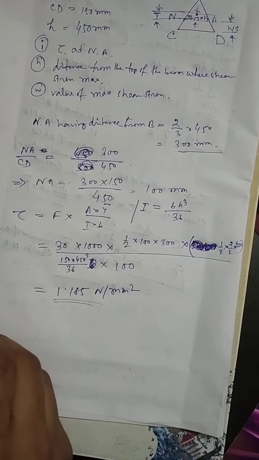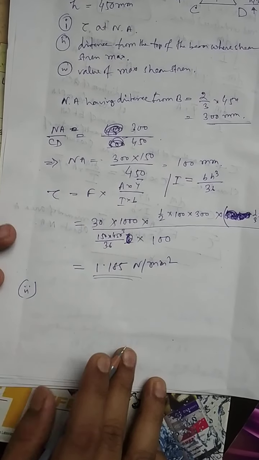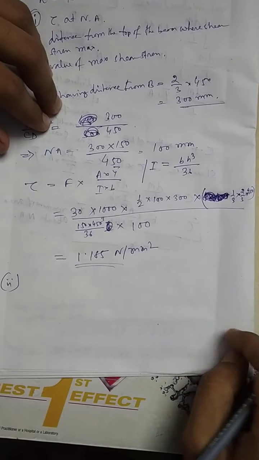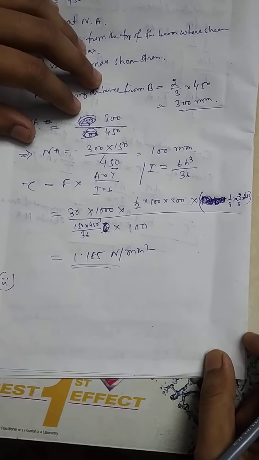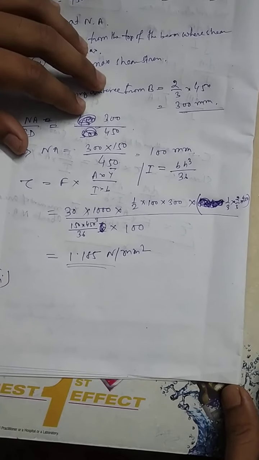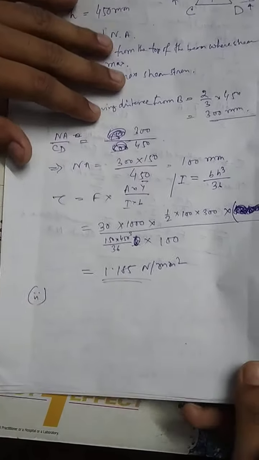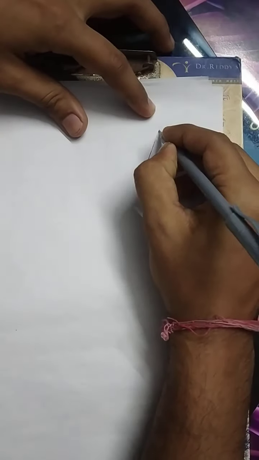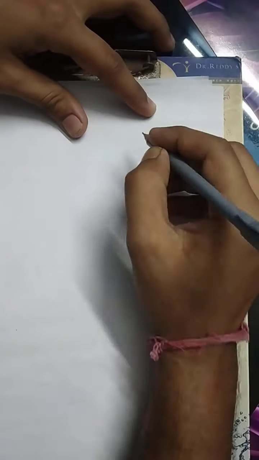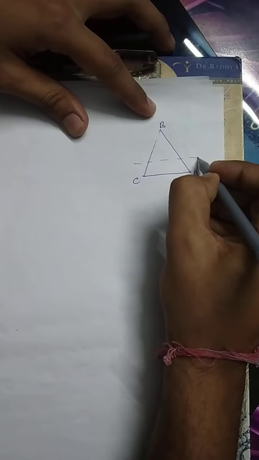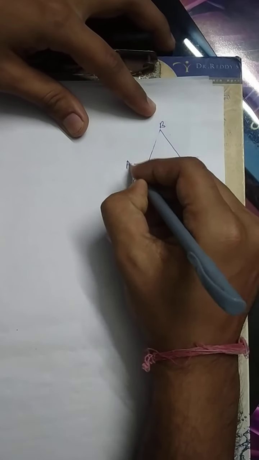Now for the second problem, we have to find out where the shear stress is maximum and the value of the shear stress. For that, we will draw the figure again, where we have named them as B, C, D. This was the neutral axis, NA.